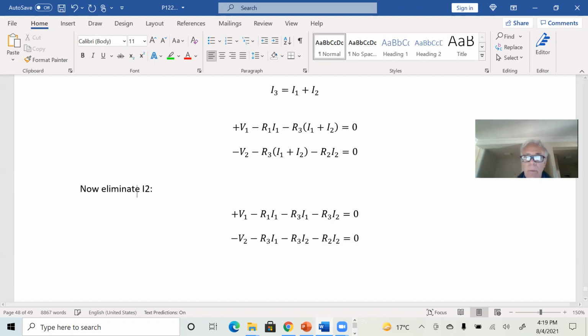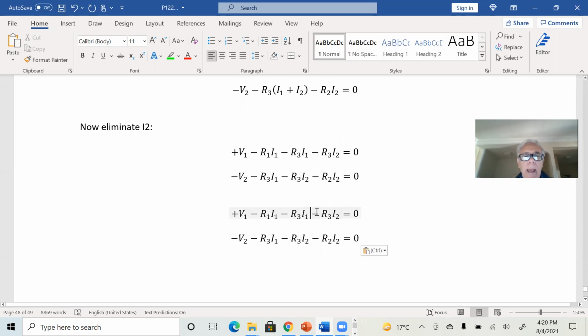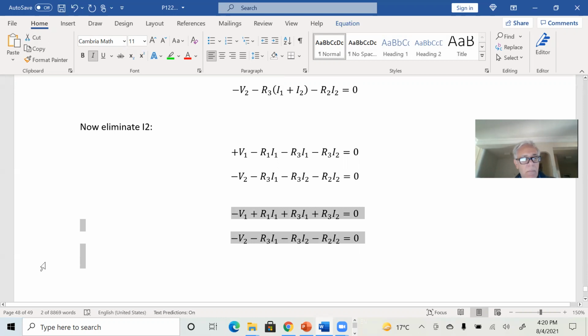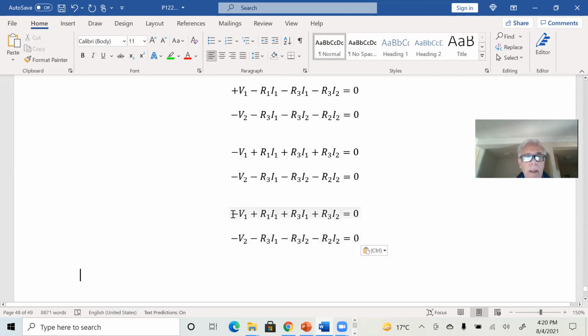I can eliminate I2 from this first equation. It's easier to use the first equation to eliminate I2. I'm going to multiply everything by -1. Okay, pass what's not I2 to the right side.